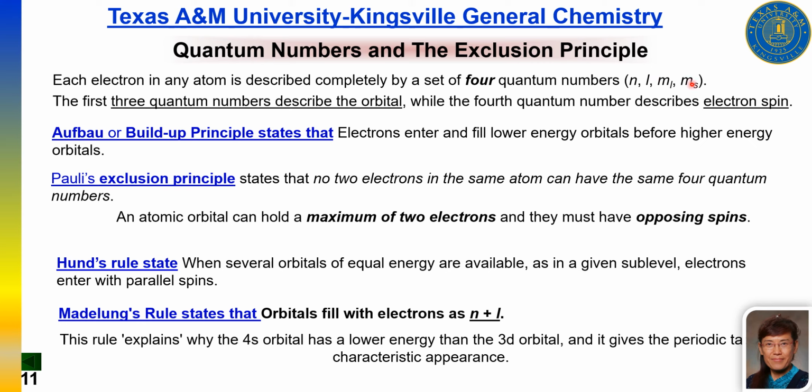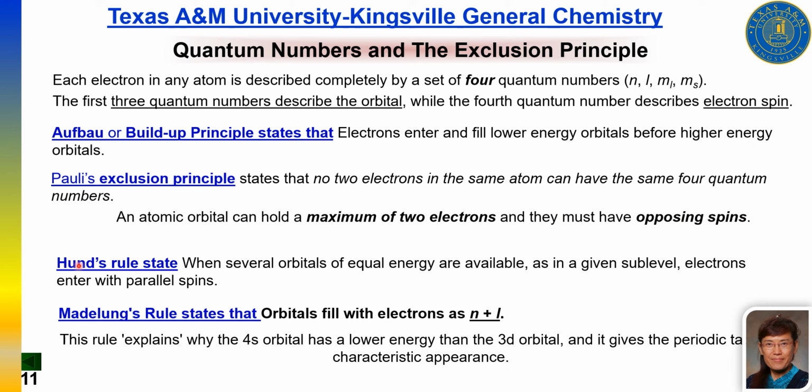One of those quantum numbers must be different. In other words, the atom orbital can hold a maximum of 2 electrons. Every orbital can only hold 2 electrons, and those 2 electrons must spin oppositely. The 2 electrons must have opposing spin.